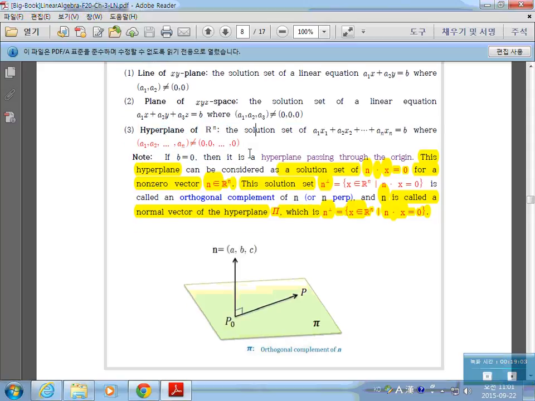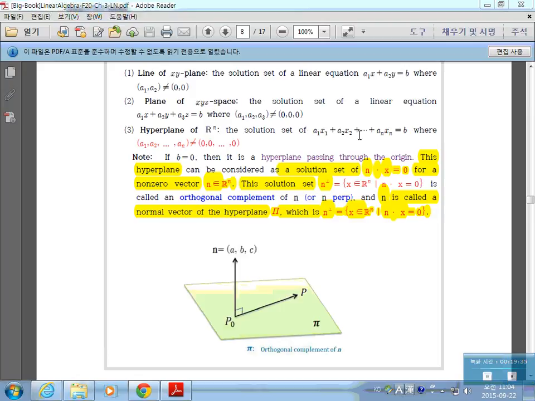We note that if B is equal to 0, then the solution set is a hyperplane passing through the origin. This hyperplane is the solution set of n times x equals 0, where n is the vector A1, A2, ..., An.